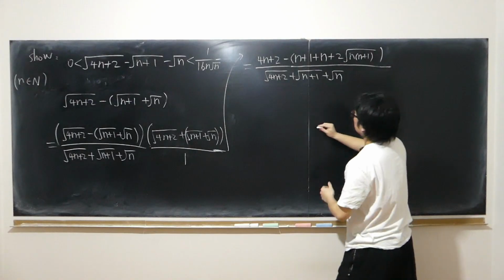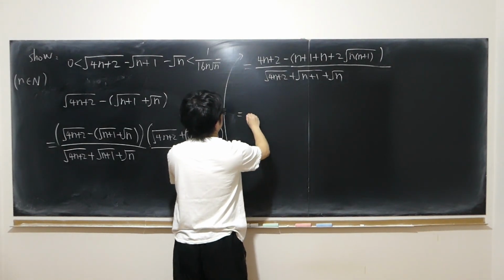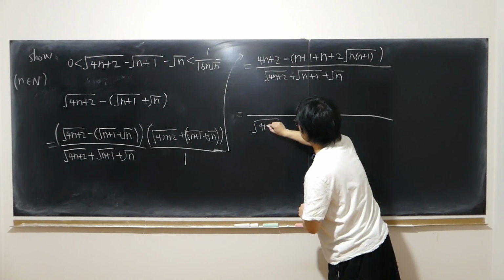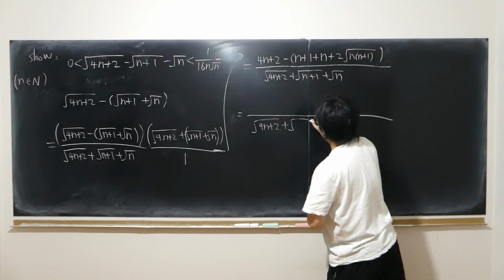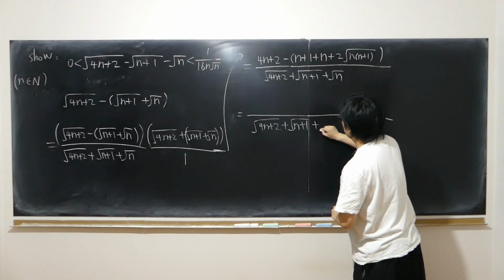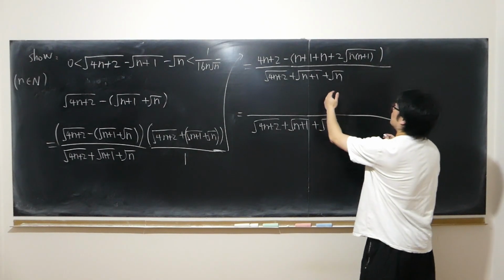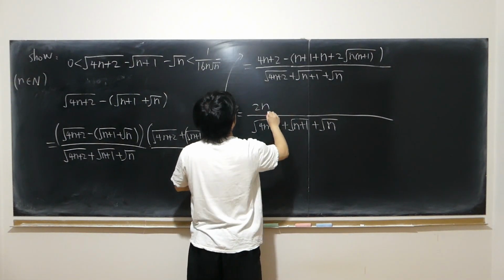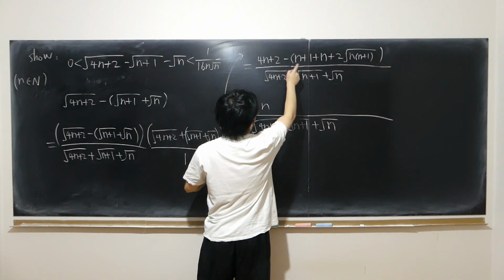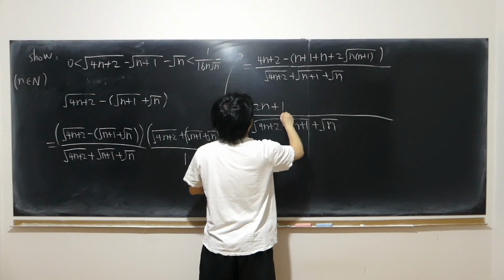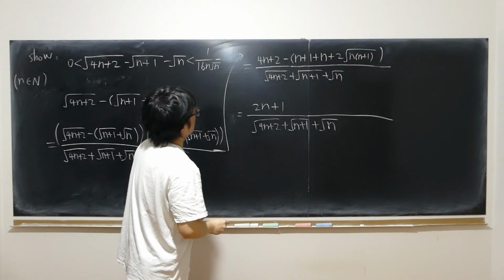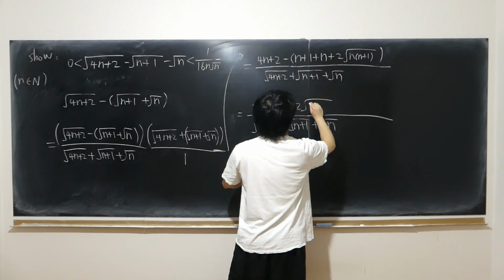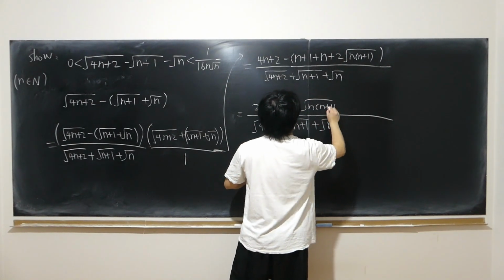Still we copy down this one. Up here we have 4n minus 2n, we have 2n, plus 2 minus 1, we have plus 1. And we still have minus 2 square root of n times n plus 1.